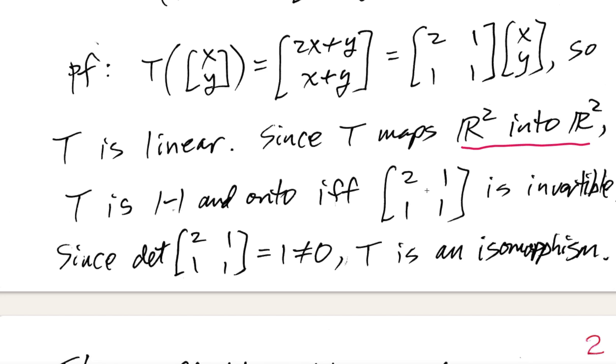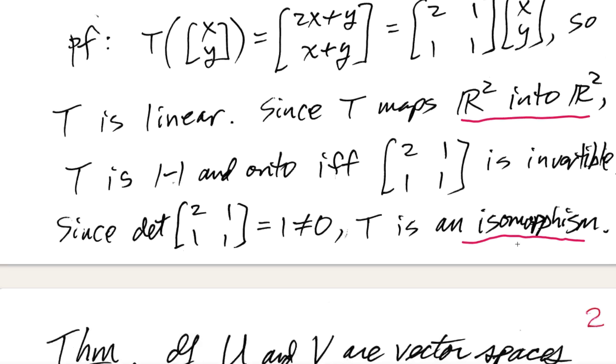Now the matrix associated with this particular linear mapping from R2 into R2 is actually the matrix [[2, 1], [1, 1]]. That's going to be invertible if and only if its determinant is non-zero. Well, its determinant is actually 1, as you can see, so that's not 0, obviously. So T must be one-to-one and onto. In other words, altogether, it would be an isomorphism.